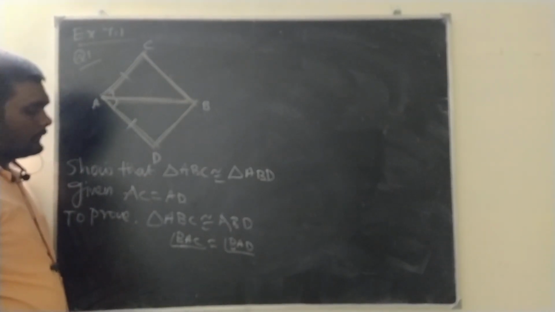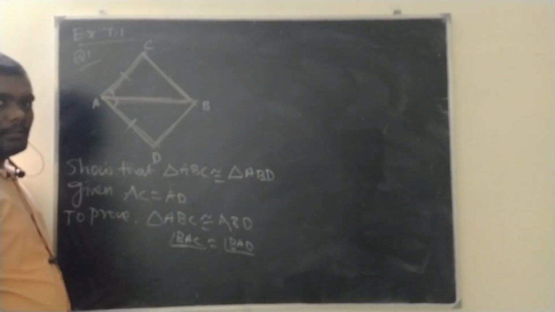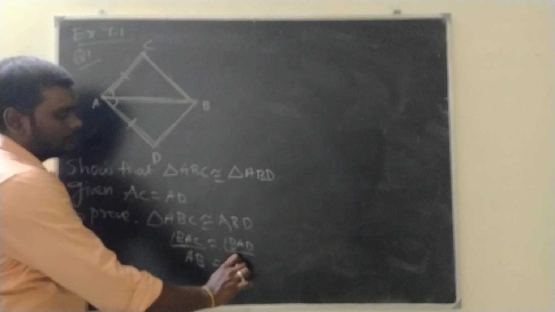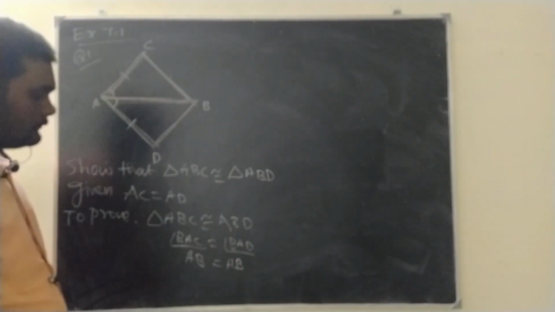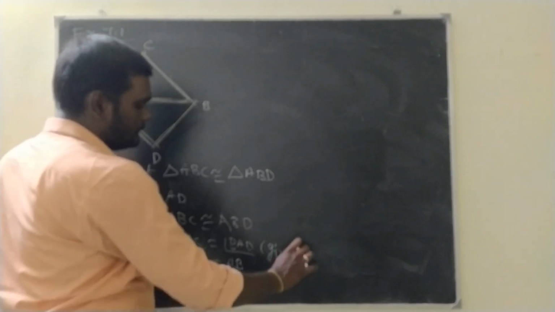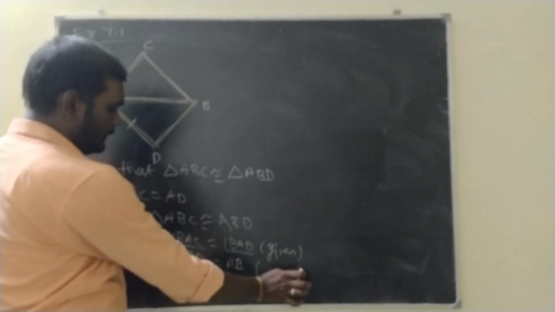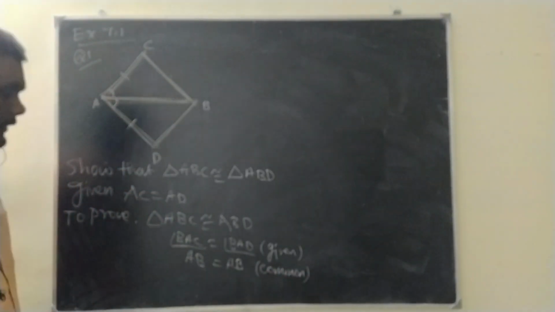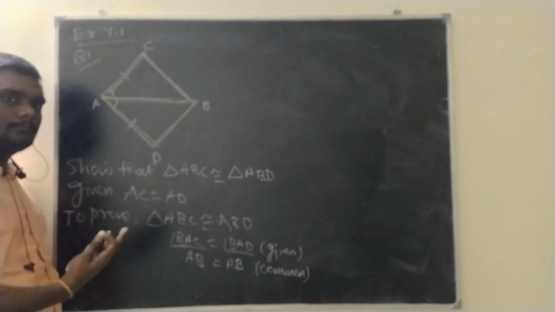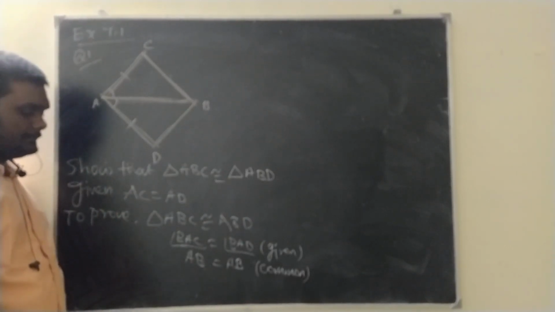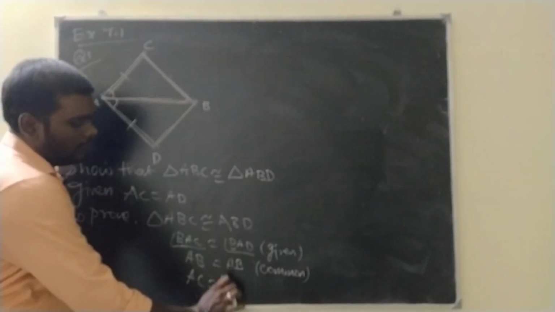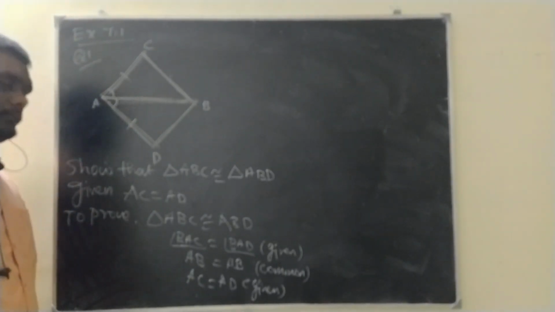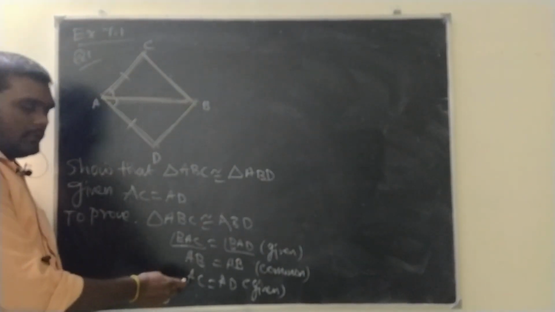And then, anything else that is equal? This AB is equal to AB. This is given from the figure, or else it is a common side. And any other things that are common? AC is equal to AD, that is given. Now we have two sides and one angle equal.